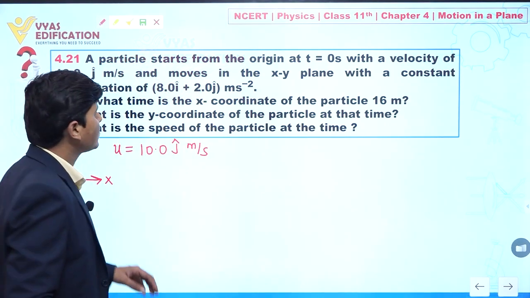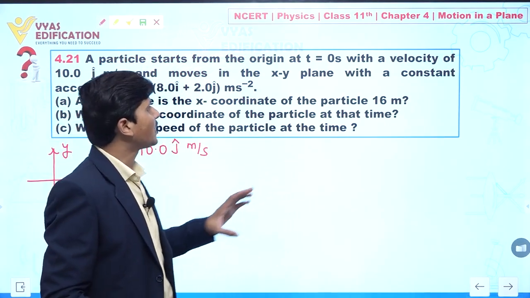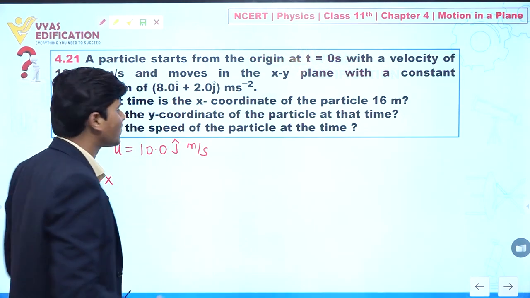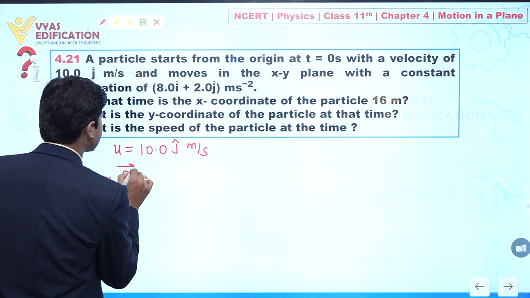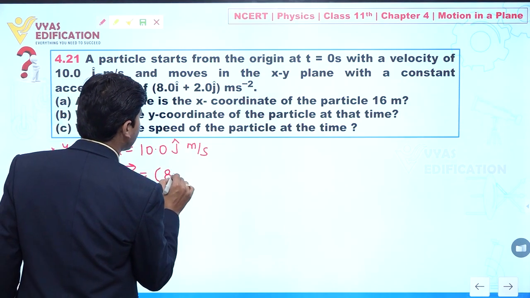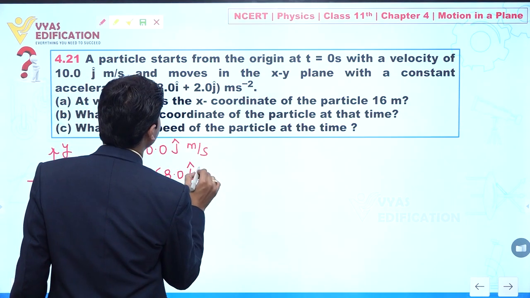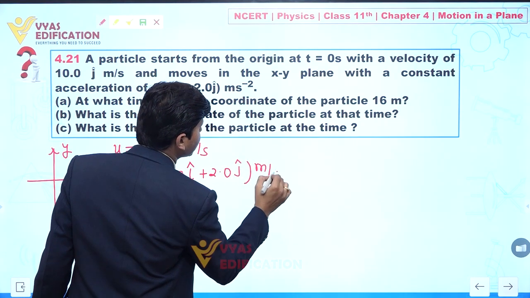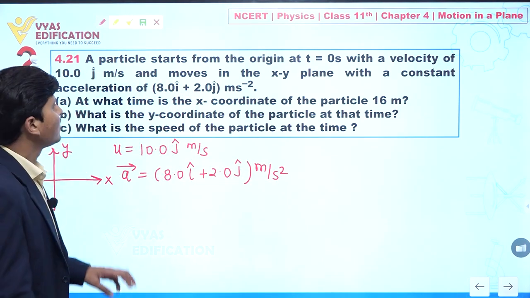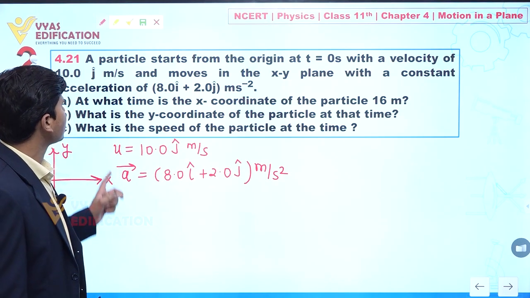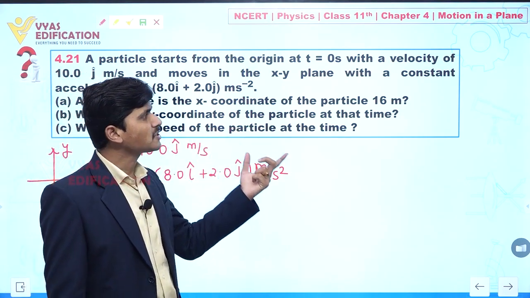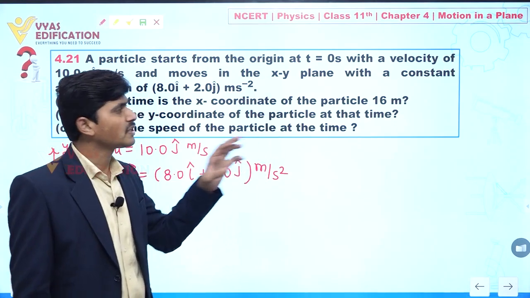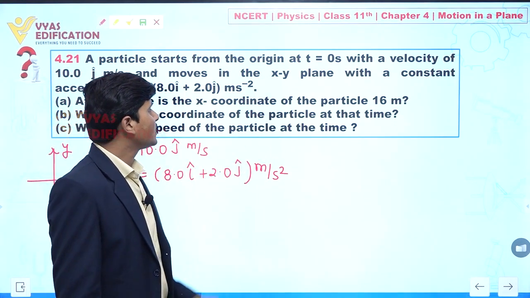The particle is moving in the xy plane with a constant acceleration, given by 8.0 i plus 2.0 j meter per second square. Now our objective in this question is to calculate at what time the x coordinate of the particle is 16 meter.